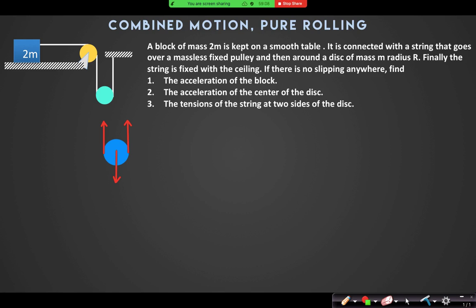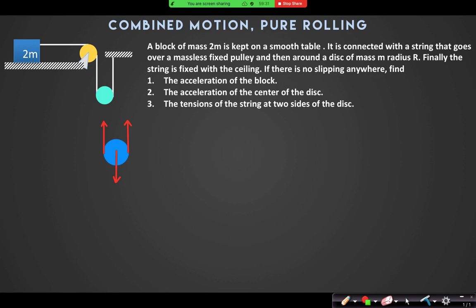In laws of motion, we have said that if the string is massless and the pulley is fixed and frictionless, the tension is the same. Yes, friction is the reason here. Even if the string is massless, there is a friction between the disk and the string.